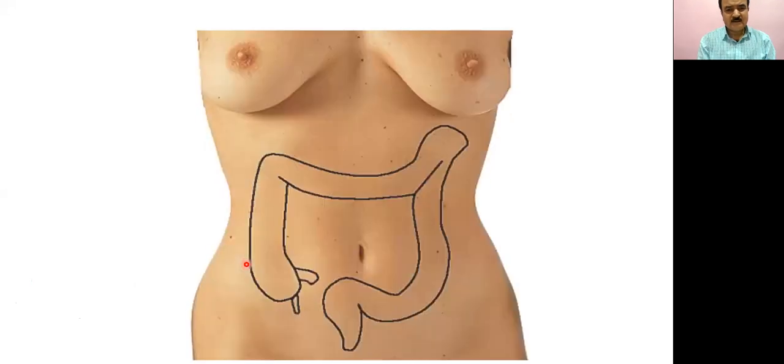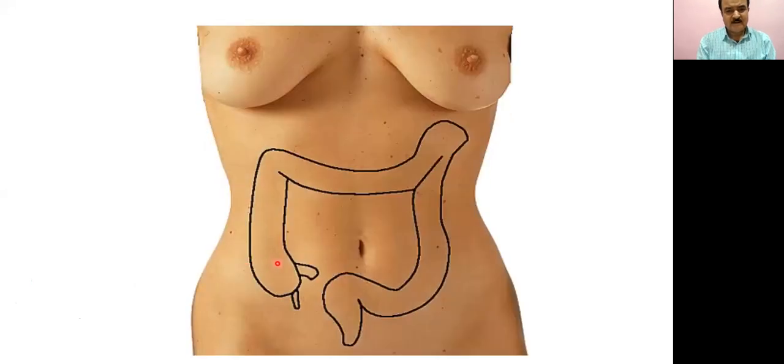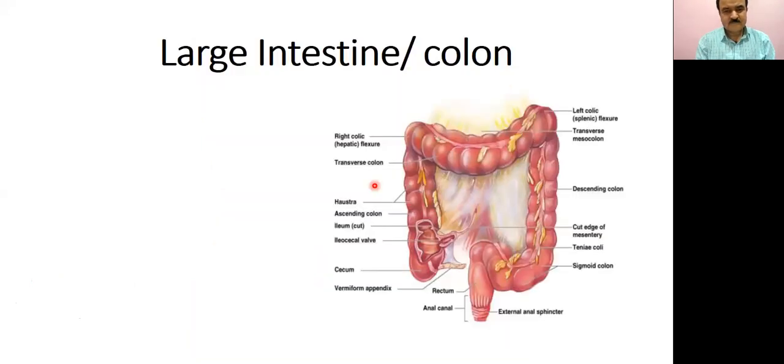You see this is the surface anatomy of the large intestine, how it is disposed on the body. This large intestine, also called the colon, is the last part of the digestive system.